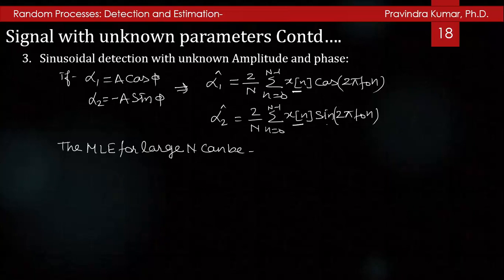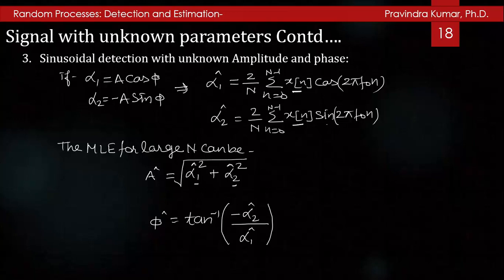So for large N, we get the estimated value of A as the square root of the estimated alpha 1 squared plus the estimated alpha 2 squared, and the estimated value of phi as tan inverse of minus the estimated alpha 2 divided by the estimated alpha 1.